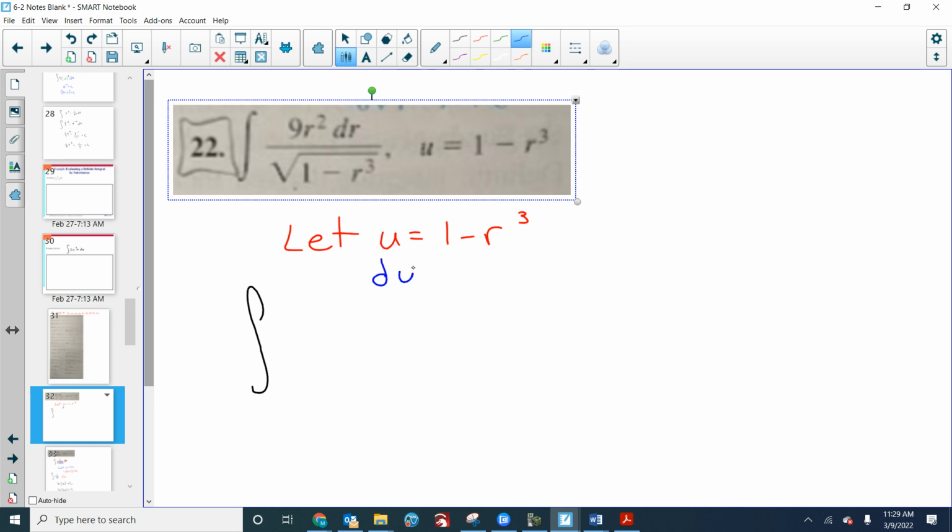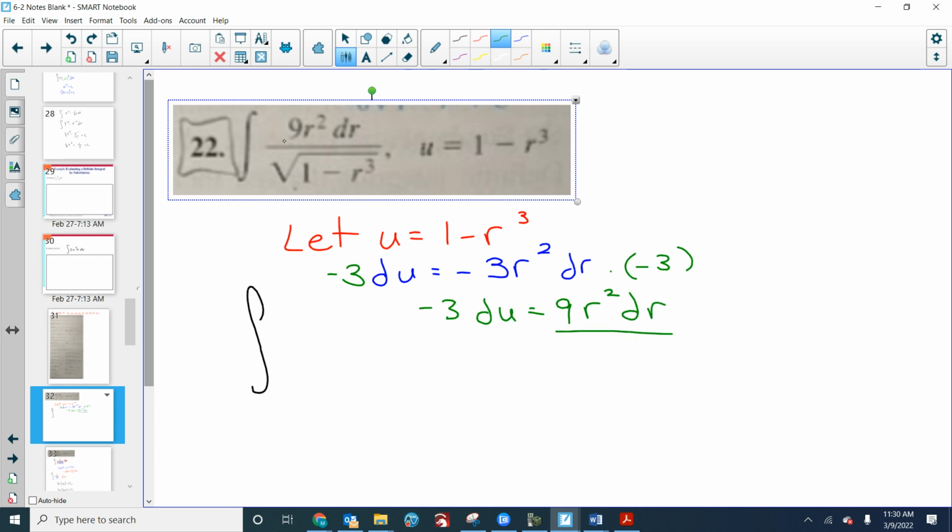All right. du equals negative 3r squared dr. But I don't have a negative 3r squared dr, I have a 9r squared dr. What do we multiply by on both sides? Times negative 3. So negative 3 du equals 9r squared dr.